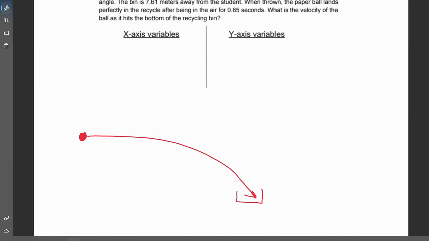All right, the bin is 7.61 meters away from the student. So, 7.61 meters. After being in the air for 0.85 seconds, so we know that time is 0.85 seconds. What is the velocity of the ball as it hits the bottom?